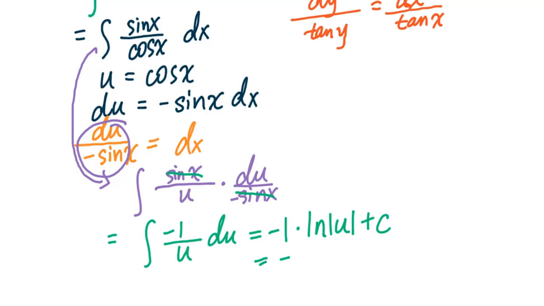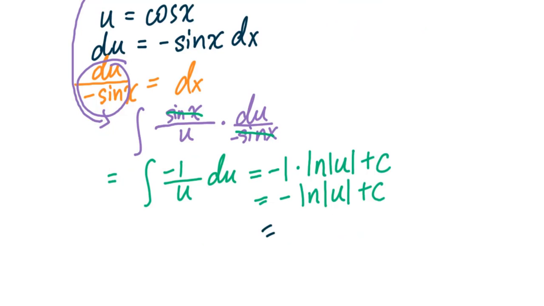So we can write down negative natural log of absolute value of u plus c. For the u, that is cosine x, then plus c. Let me move this negative 1 to the top.